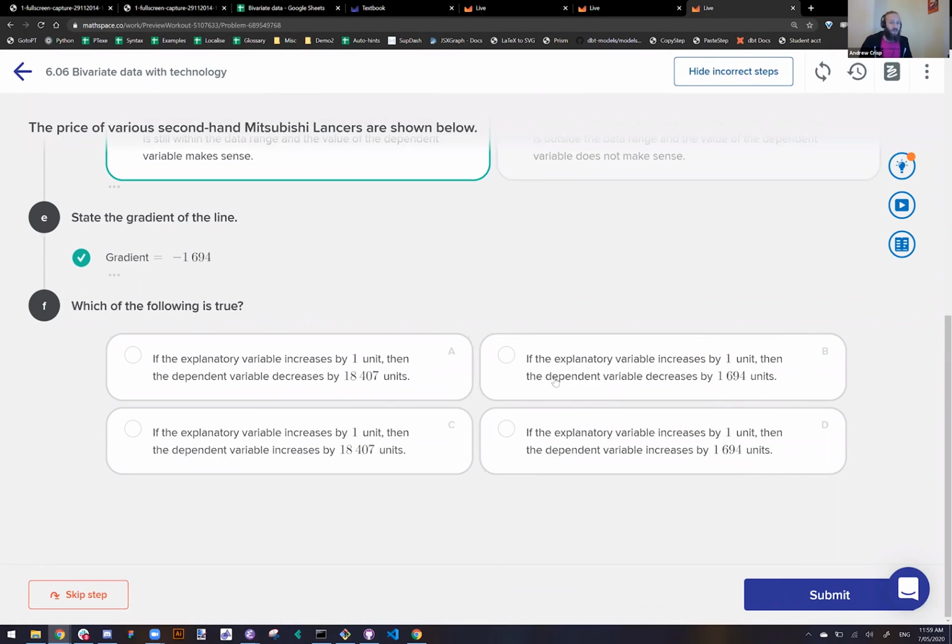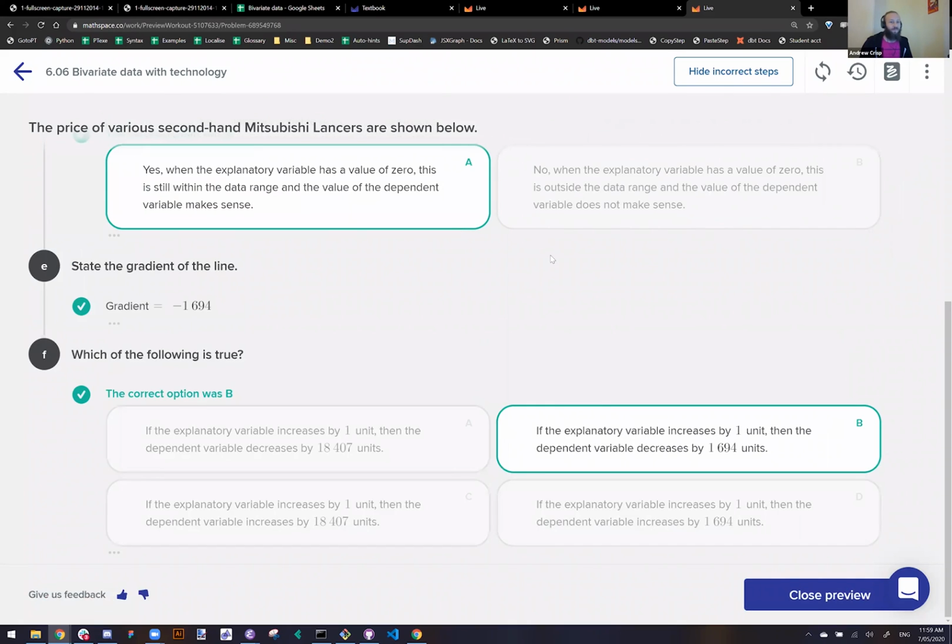If the explanatory variable increases by 1 unit, then the dependent variable decreases by 1694 units. So the age goes up by 1, then the dependent variable, the price, because the price depends on the age, goes down by 1694. Okay.